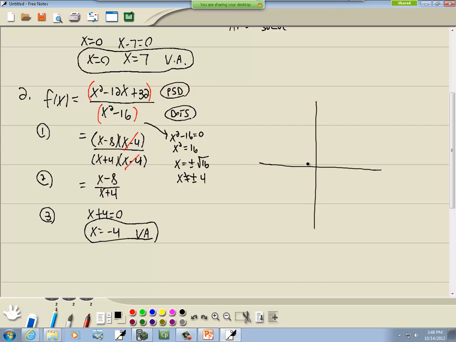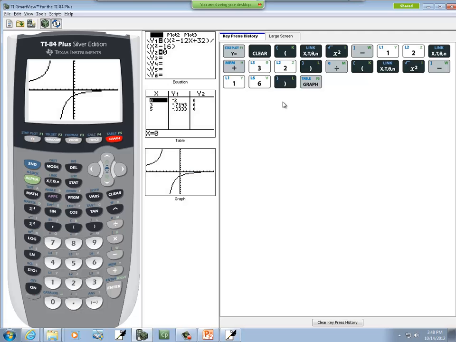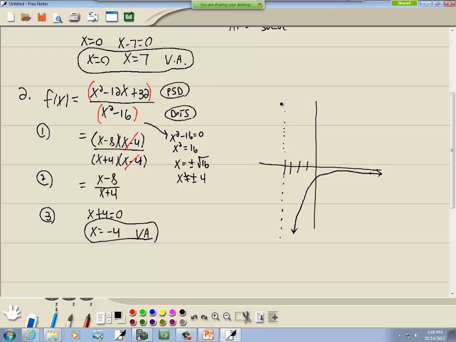Well, what does that mean in terms of our graph? At negative 4, we've already said we got a vertical asymptote, like that. And here's our graph, like that. And then the graph up here is going something like that. Okay.